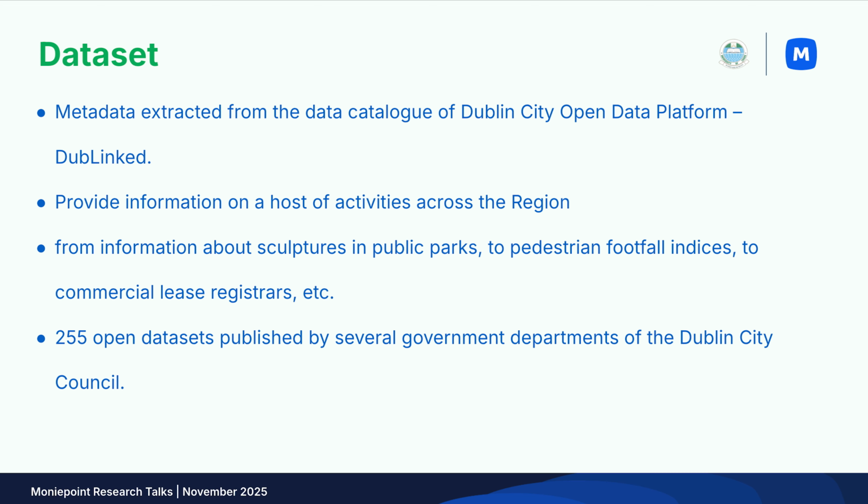It provides information on a number of activities in the Dublin region, from sculptures in public parks to pedestrian footfall and so on. And for that particular data set, it had at that time 255 open data sets published by different government parastatals.